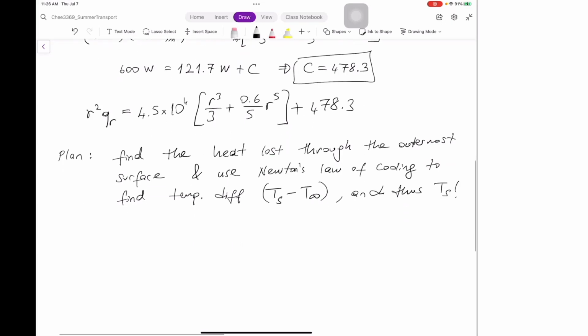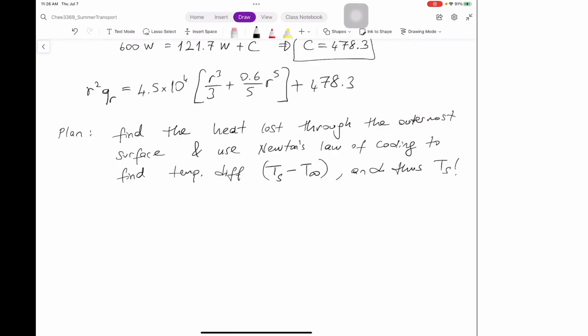Okay, so that's the plan. So what is the heat loss through the outermost surface? Q lost to the surrounding.